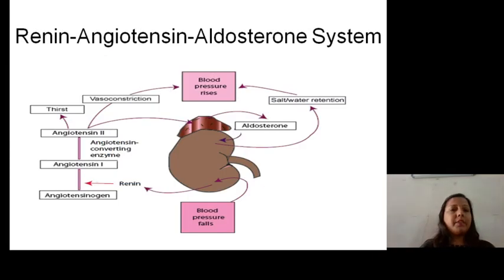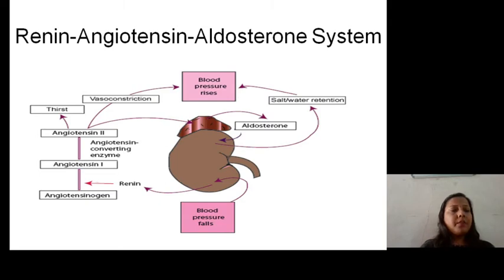So see what actually happened. When there is a fall in blood pressure, it is sensed by the juxtaglomerular apparatus and renin is secreted. Renin through the blood flow enters the liver, and in the liver angiotensinogen is converted into angiotensin 1.